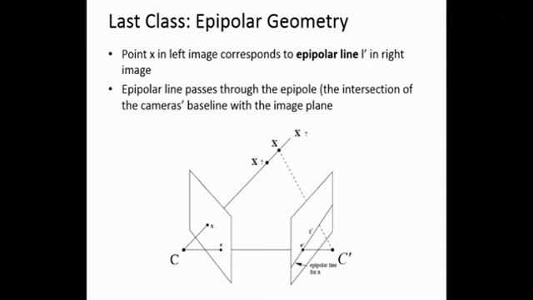So if you're trying to match a point, then given some point X where it appears in the first image, you know that it lies somewhere on this ray from the camera center through this pixel. Somewhere along this ray, and that will correspond to a line, and that line is given to you by the essential matrix or the fundamental matrix.